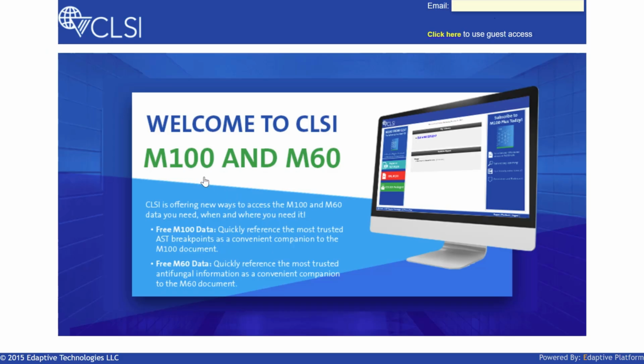So if you click the link, you will go to CLSI's website where they host the M100 document. The M100 document is the one that has interpretive criteria for all antibiotics. It doesn't have antifungals or antivirals. It's specifically gram positive and gram negative organisms.